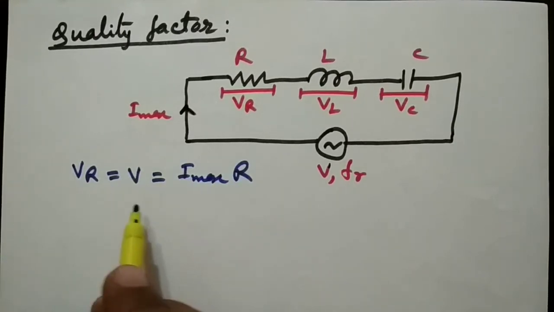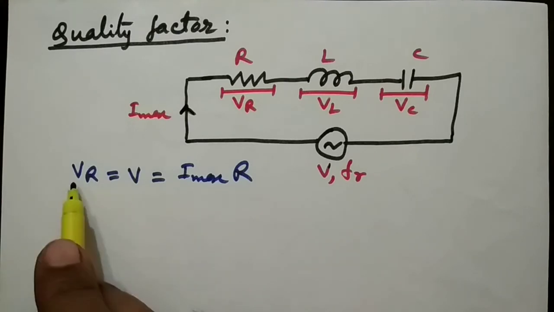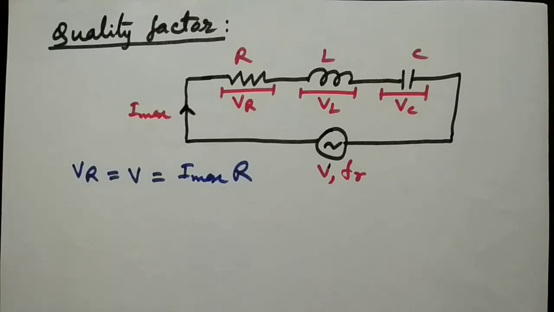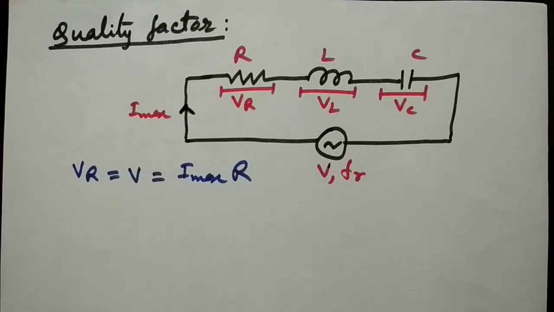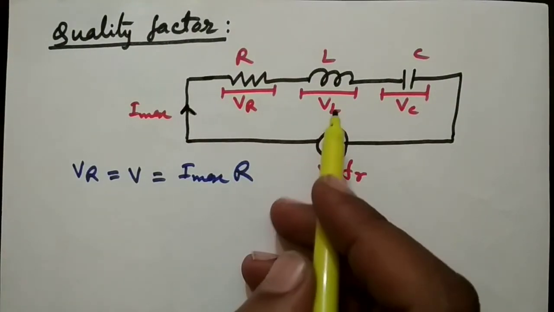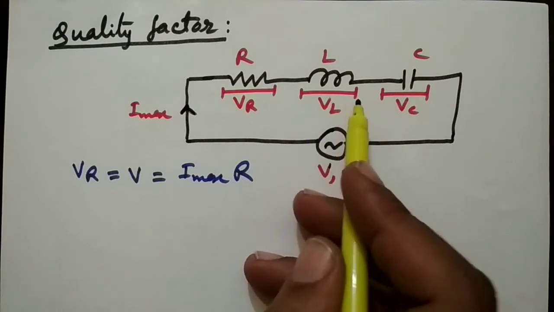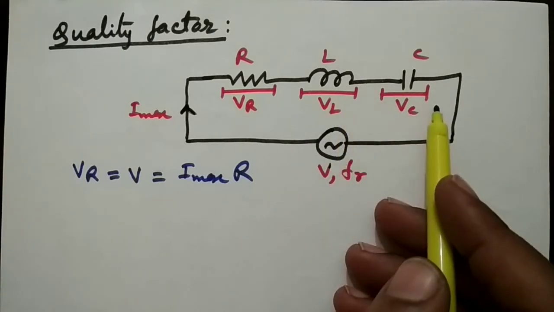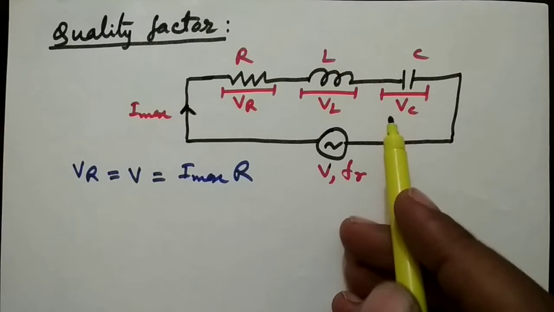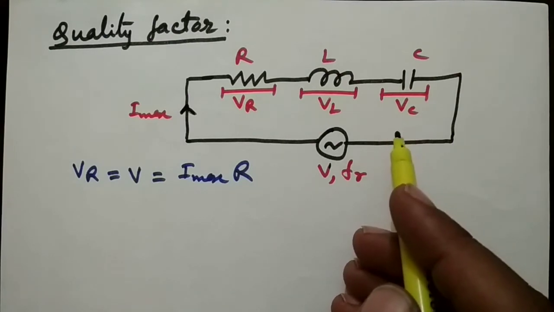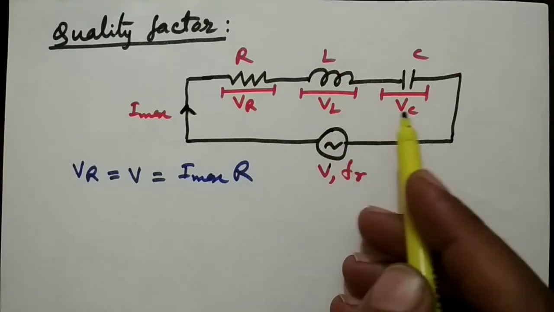So during resonance, the supply voltage will be equal to the voltage drop across the resistance, and it will be equal to I max into R. Now the voltage drop across the inductance and the voltage drop across the capacitance will be equal but opposite, so they will cancel each other.